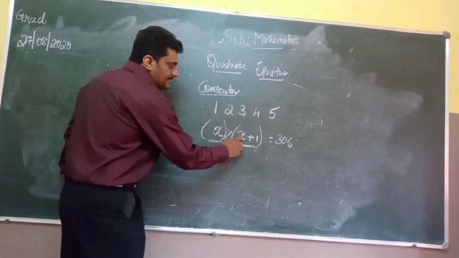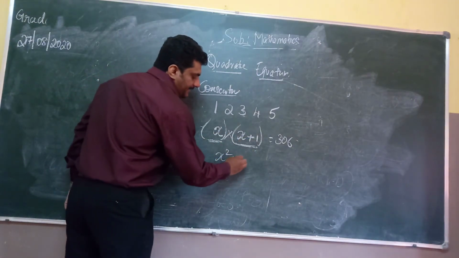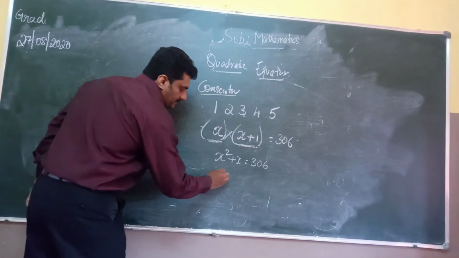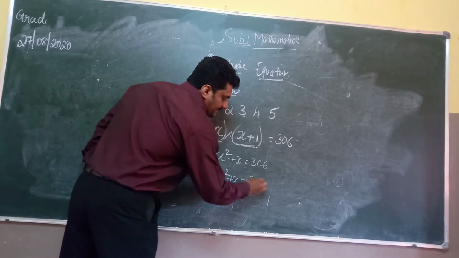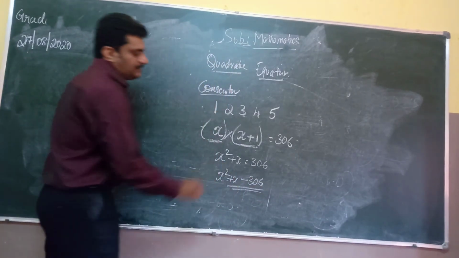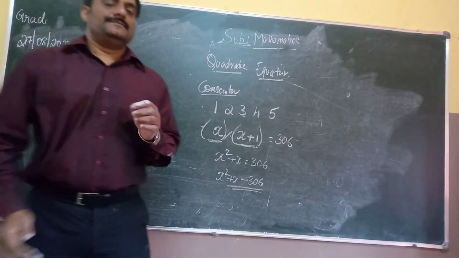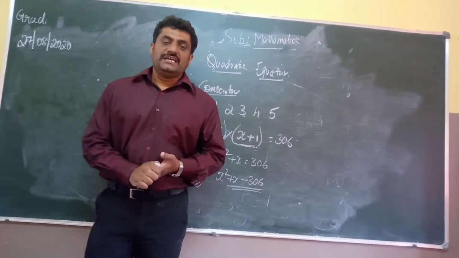Now multiply x into x plus 1, x squared plus x is equal to 306. So x squared plus x minus 306 equals 0. This is how we represent it. This is about how to represent a quadratic equation.